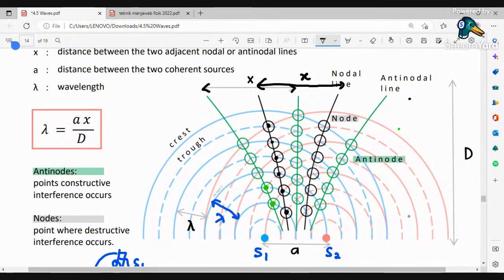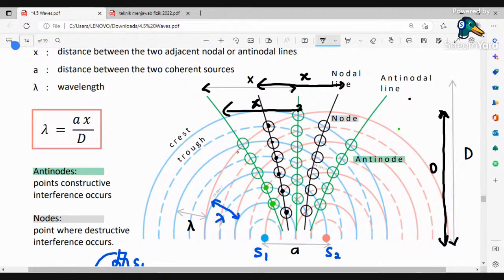D is the distance between the sources and the line where you measure X. X you can measure anywhere. If you want to measure at this line, also can. If you want to measure here, also can. So D will start from here. Up to you, just measure at any point that you want, but make sure you define D correctly.